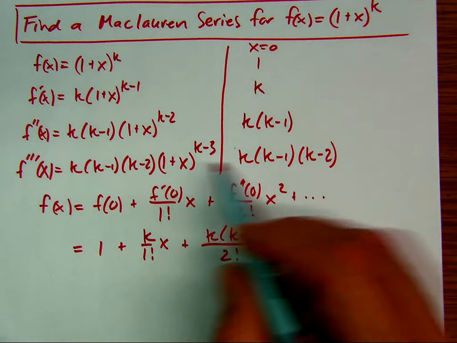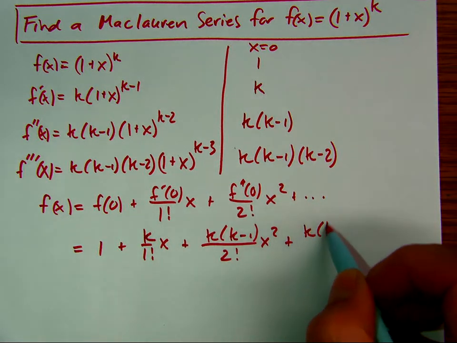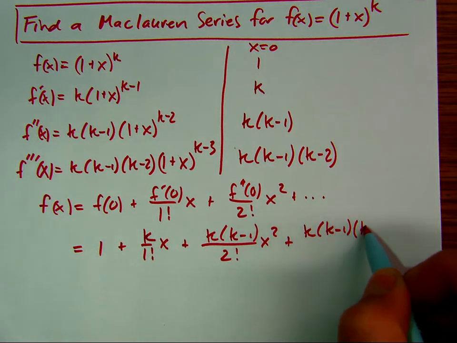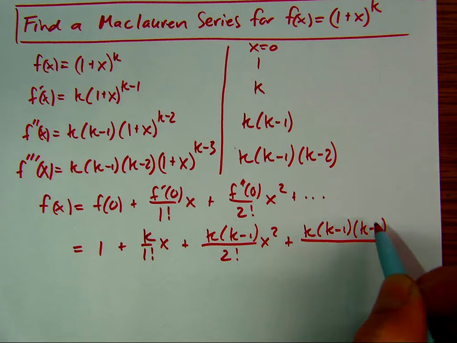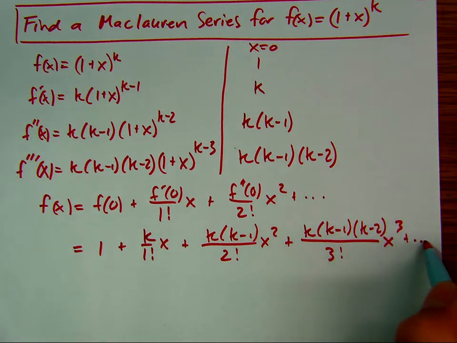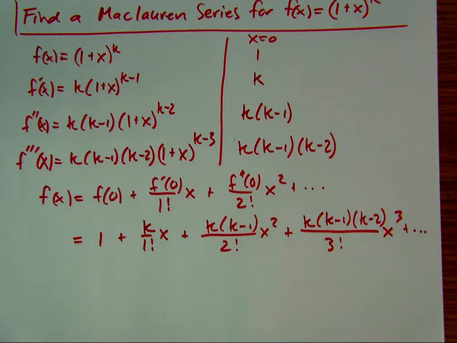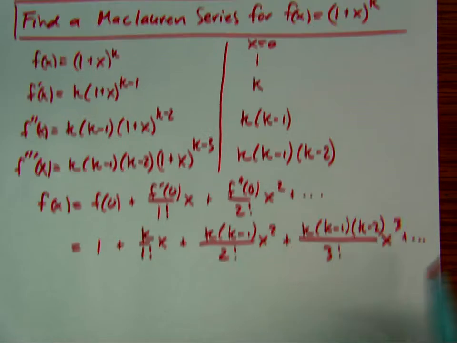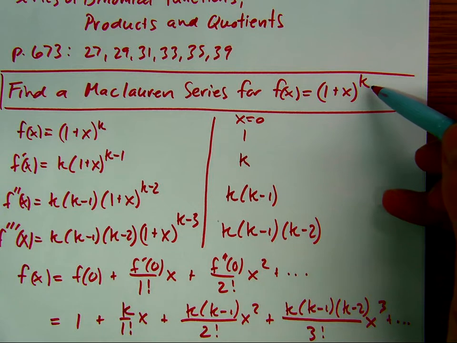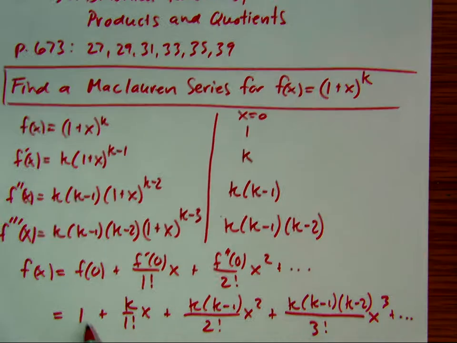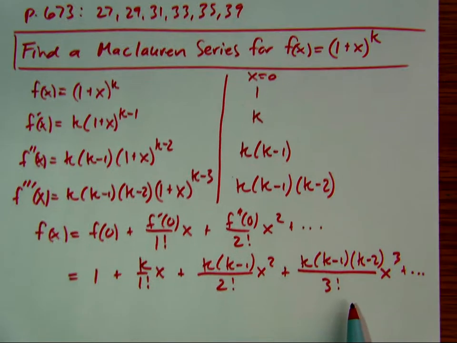Then on the third derivative, k times k minus 1 times k minus 2, over 3 factorial x cubed. And so that's the formula we can use when we see something like this. It'll have a number for k, and then we can just start using this progression.